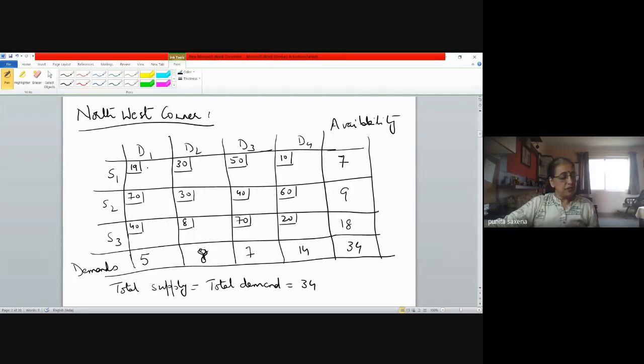In the northwest corner method, the first step says that we start with the cell at the upper left, or the northwest corner, of this table and allocate as much as possible. Now, as much as possible depends upon what? Depends upon the availability and the demand.